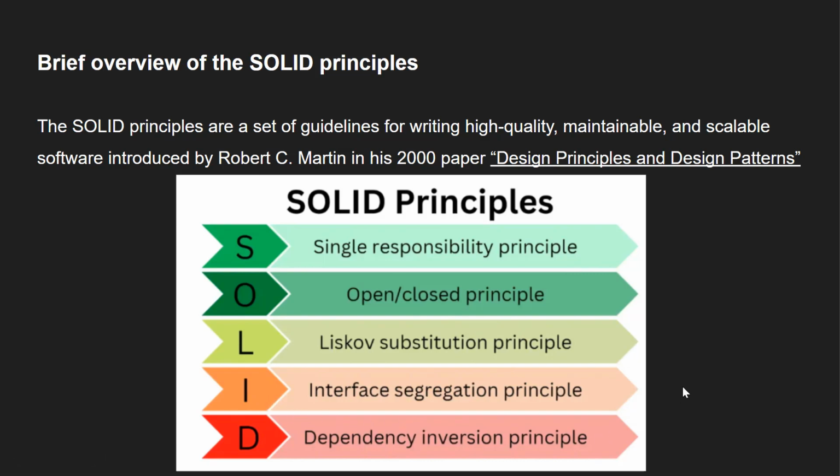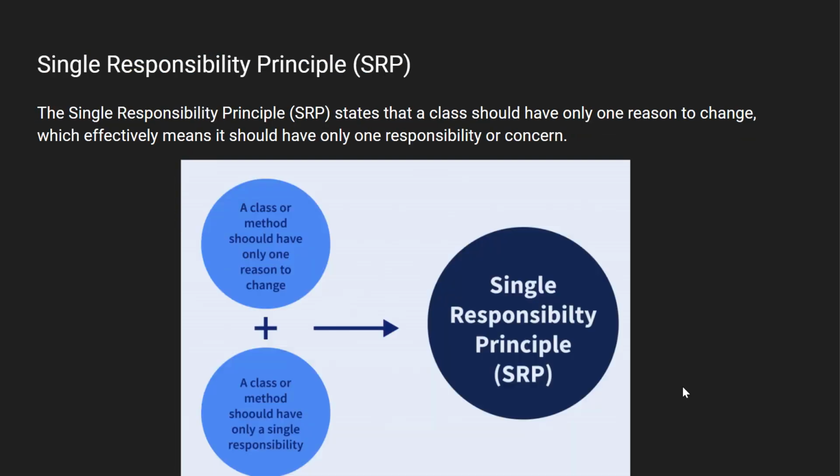So I'm going to be giving you a high-level overview of each of these principles in today's video. So let's start with the S one, which is the single responsibility principle. In simple terms, the single responsibility principle states that a class defined should only have one reason to change, which effectively means it should only have one responsibility or concern.